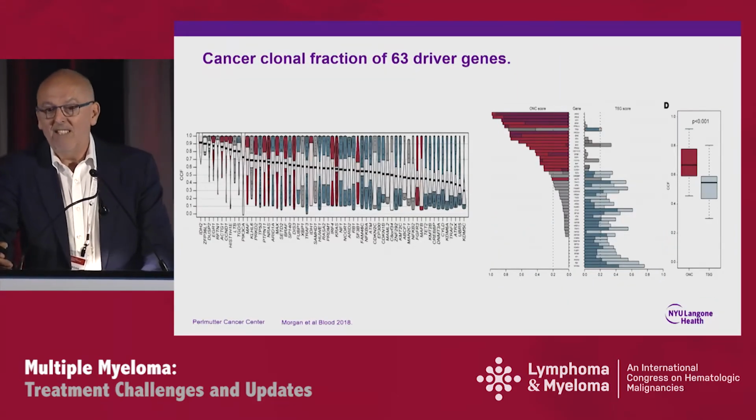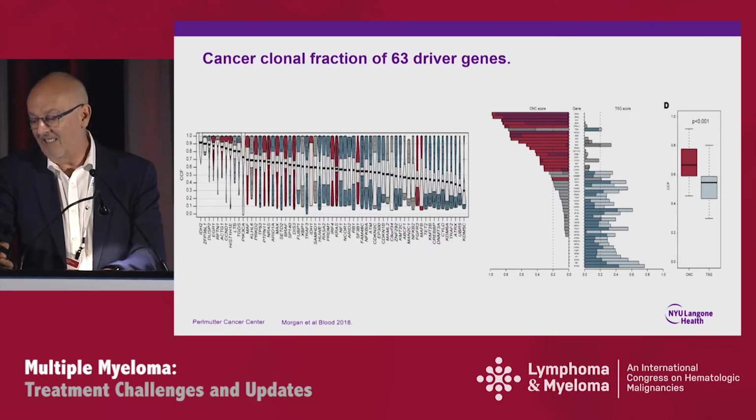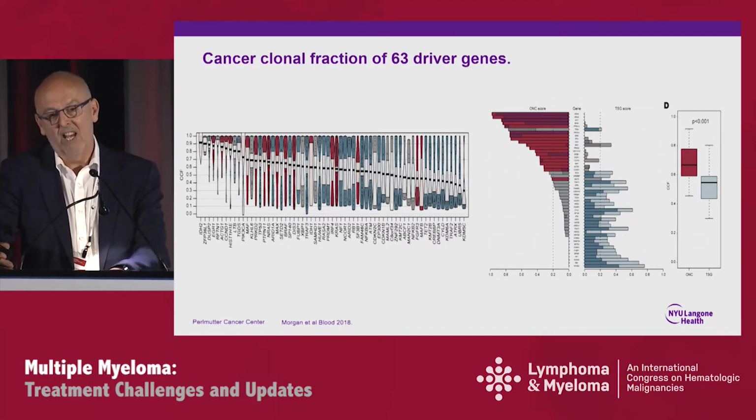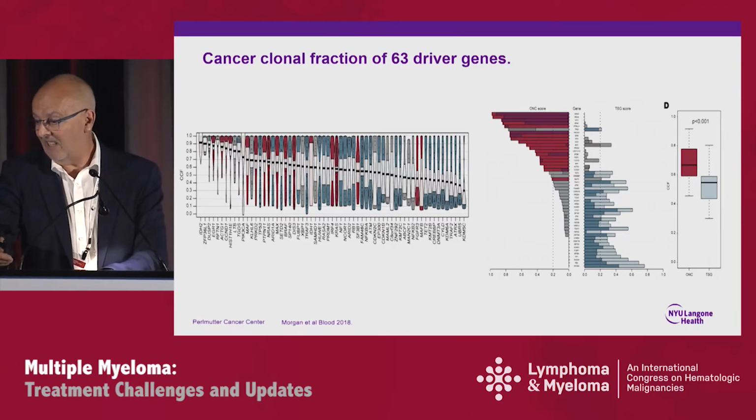But as always, things are not as clear as they may be. So not all mutations are all that. This shows that in some cases, 100% of the cancer cells have the mutation, but in other mutations, maybe as few as 20% of all of the cancer cells carry that mutation, which makes it difficult to target them with therapeutic intent.